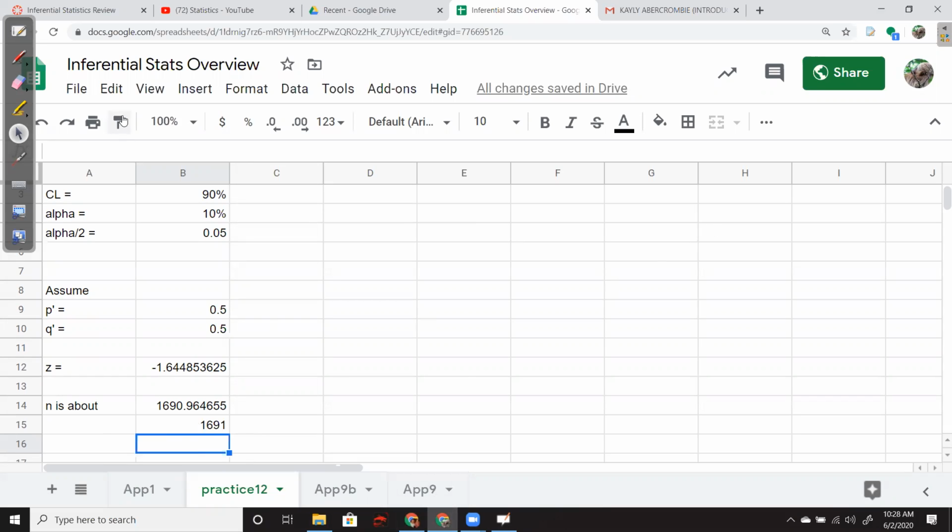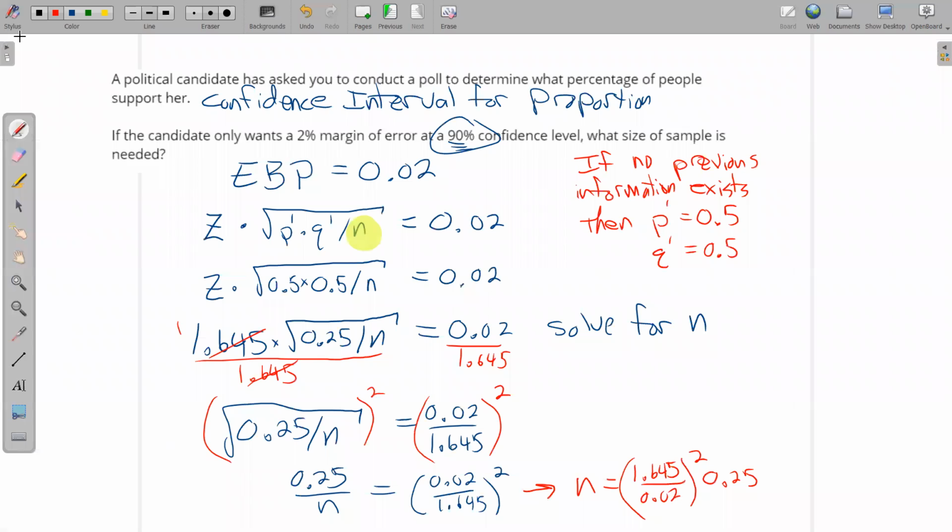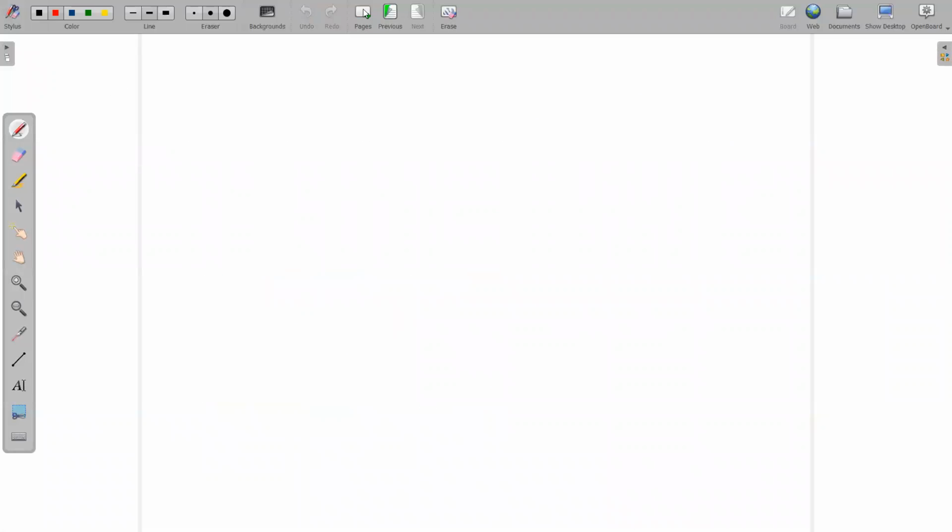So the general formula for that, new page, is given in the book. So again, this is a proportion, confidence interval, sample size.